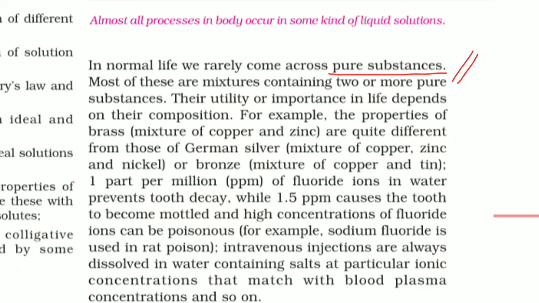For example, brass is a mixture of copper and zinc. Other examples are German silver, which is a mixture of copper, zinc and nickel, and bronze, which is a mixture of copper and tin. There are many other examples of mixtures of pure substances.